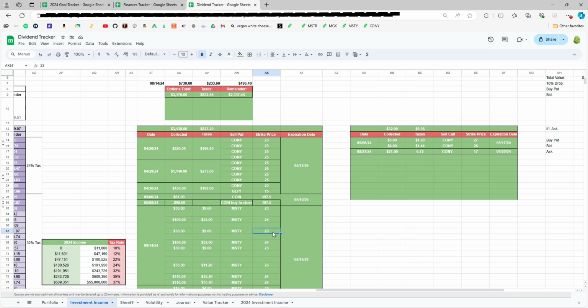So for this last payout, or did it have to go up to the strike price? Now I'm confusing myself. I can't remember. This is why I only sell puts and sell calls, because my brain just does not stay focused. All right, I'm not going to talk about options because I don't know enough about options to talk about options.